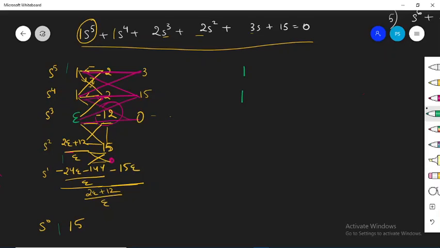The first term is 1, the second term is 1, the third term is epsilon, the next term is 2 epsilon plus 12 divided by epsilon. Then this term is minus 24 epsilon minus 144 divided by epsilon minus 15 epsilon, divided by again 2 epsilon plus 12 divided by epsilon, and the last term is 15.